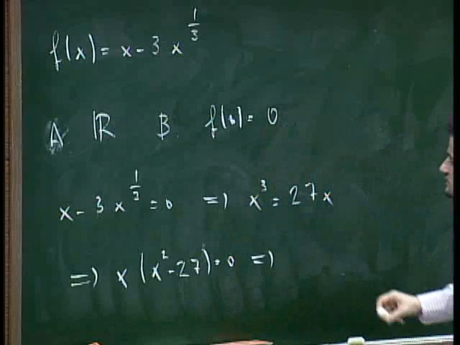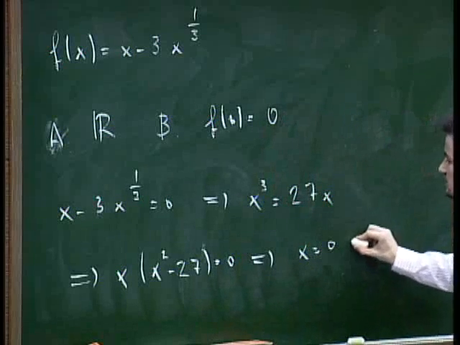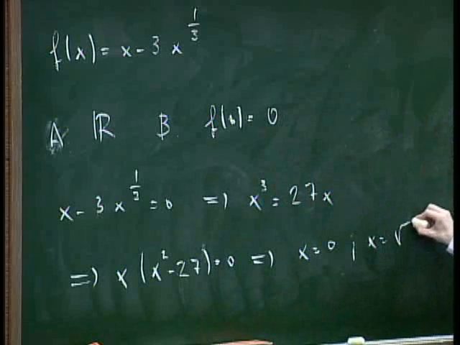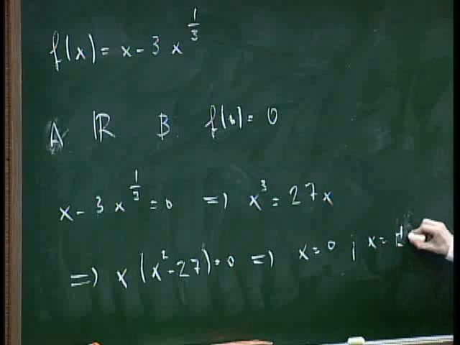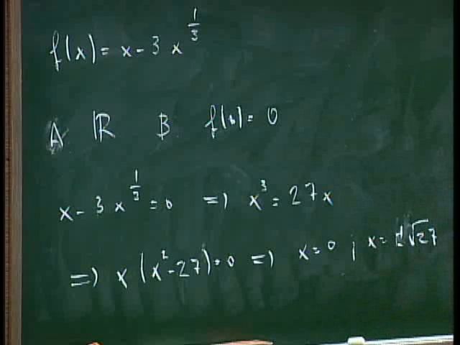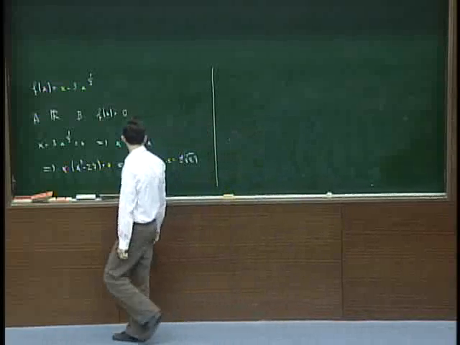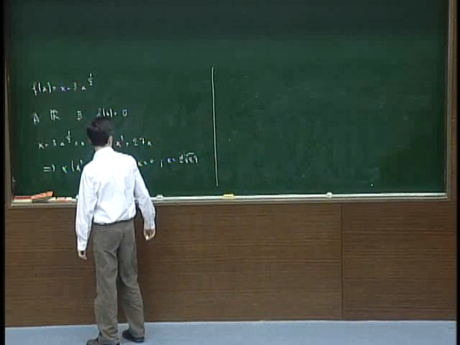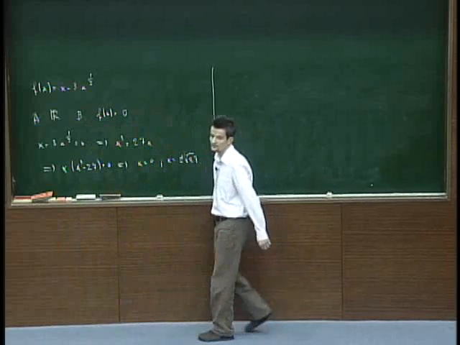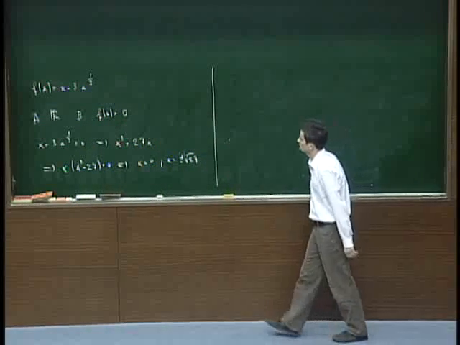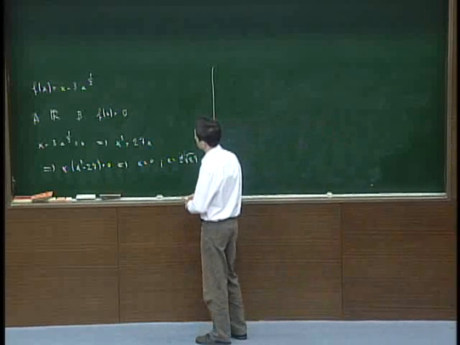So you get 3 solutions: x is equal to 0, and x is equal to plus minus square root of 27. So we have now found the x and y intercepts. In particular, we see that we have three intersections of this function with the x-axis.